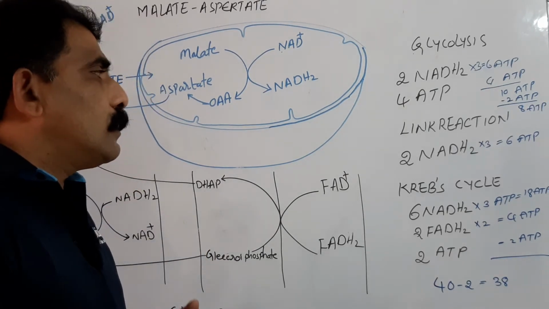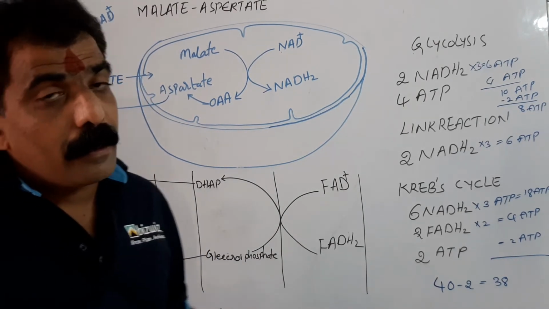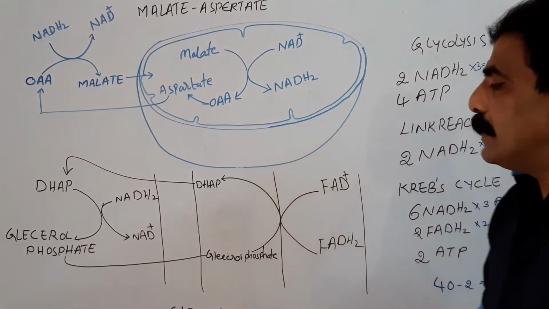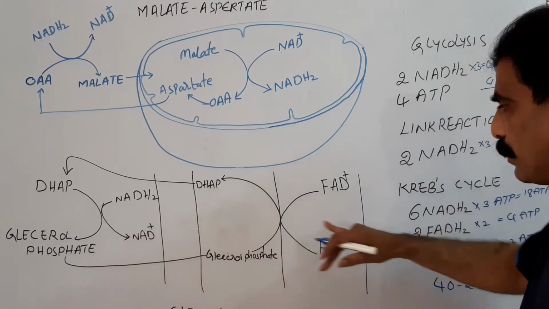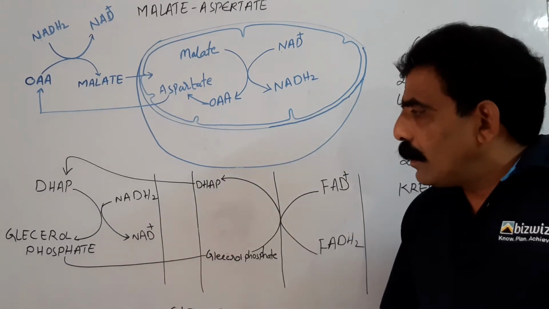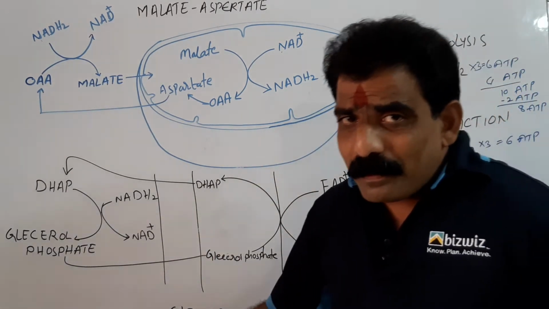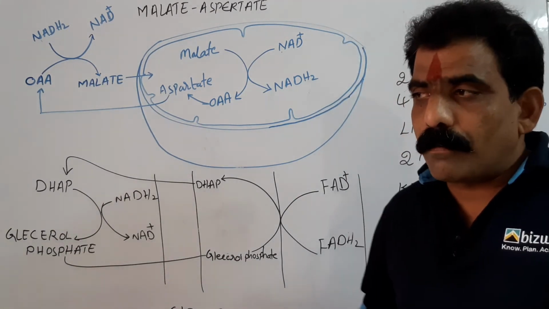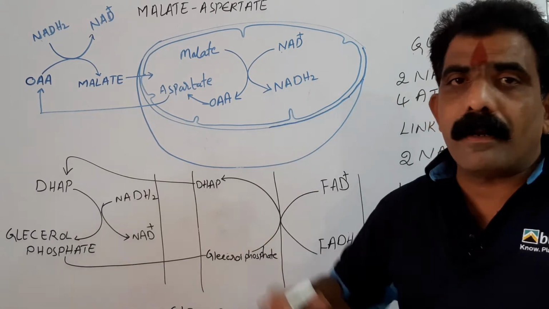Now let us discuss another case where cytosolic NADH2 equals 2 ATPs. That is in the case of the glycerol phosphate shuttle. Actually it takes place in brain cells and skeletal muscle cells, and it is less efficient. Fewer ATPs are formed as compared to the malate aspartate shuttle.